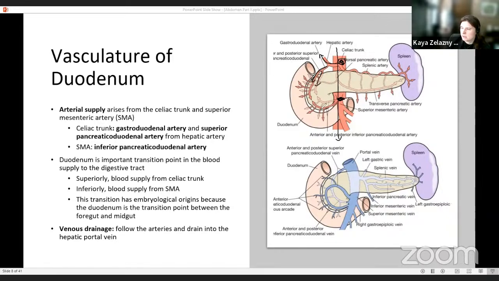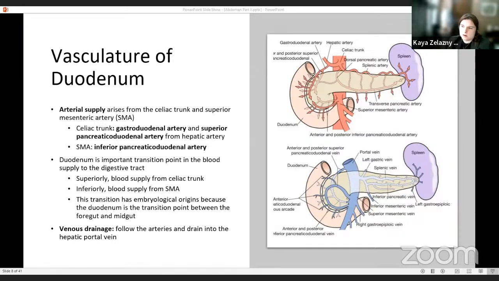Okay. And then when we're talking about the third and fourth parts of the duodenum, we have a branch from this SMA, that's superior mesenteric artery, wherever you see that, just because it's a long word. So from the SMA, we also have an inferior pancreaticoduodenal artery. You can see that going to the duodenum and to the pancreas. So we have a sort of mixing of blood flow here at this point, a little bit of anastomosis.